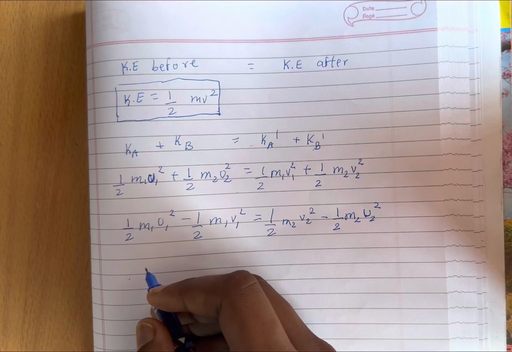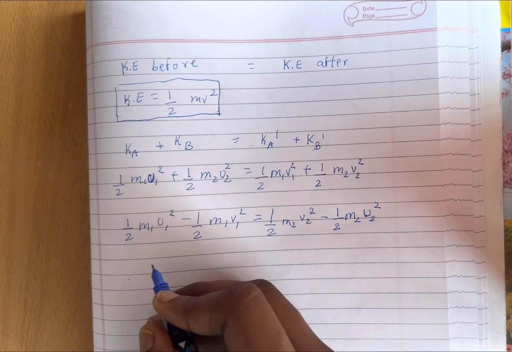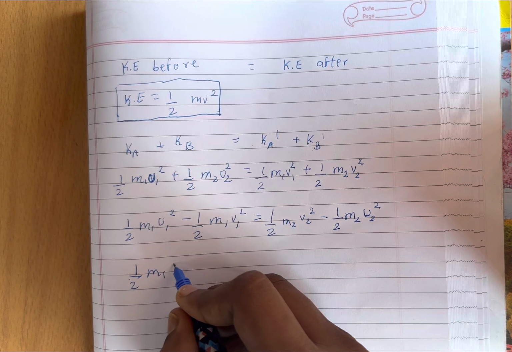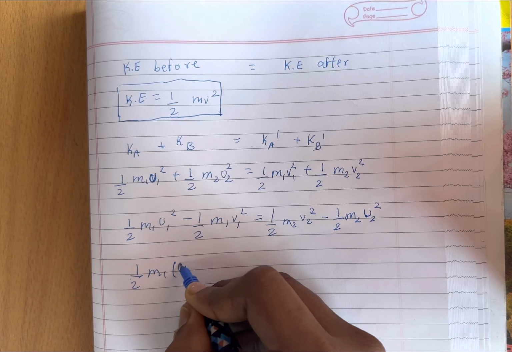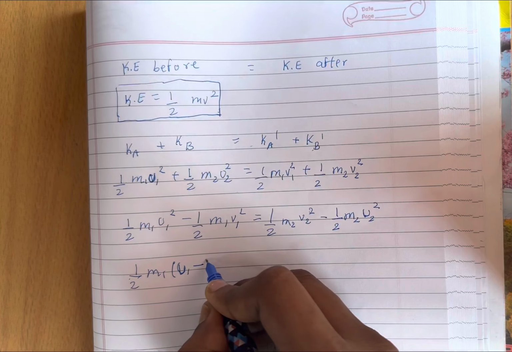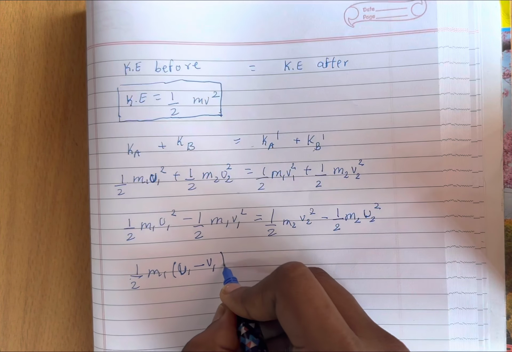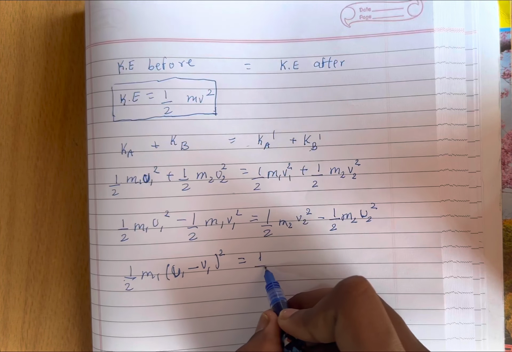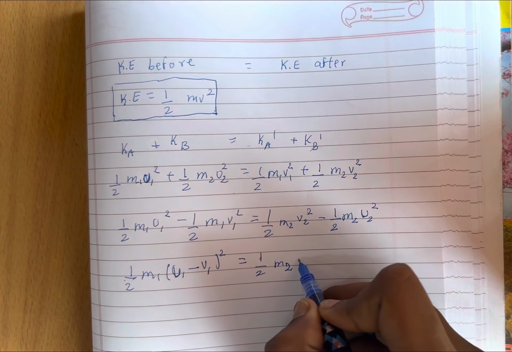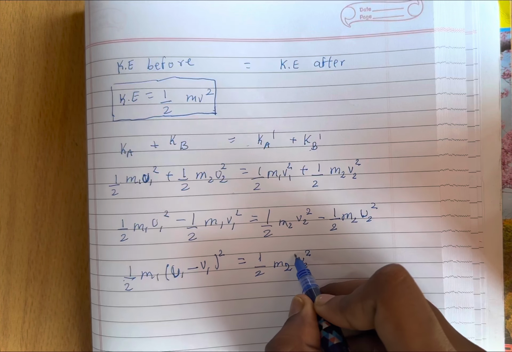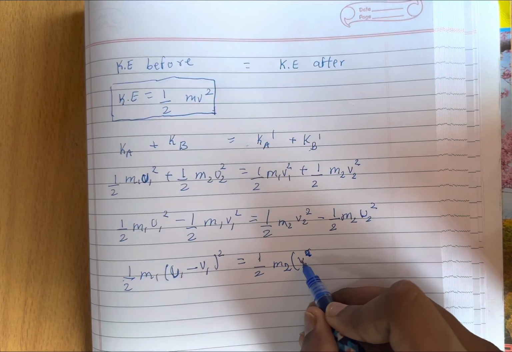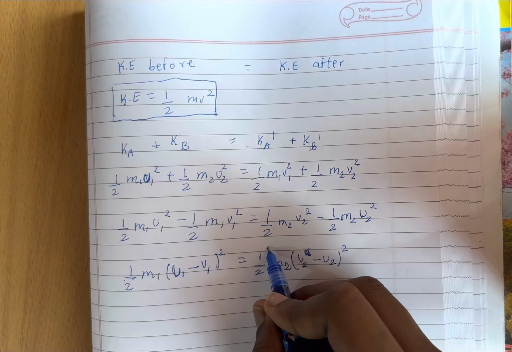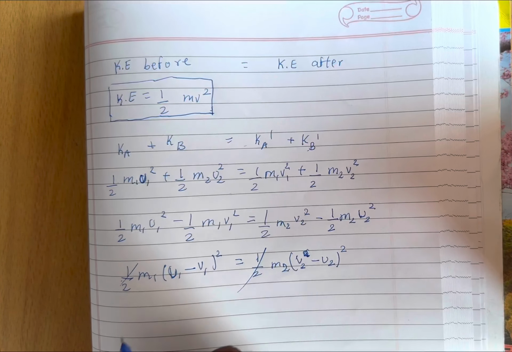So over here now we can take half and m1 as common, so it will become u1 minus v1 the whole square, which is also equal to half m2 v2 minus u2 whole square. So half and half cancel out.